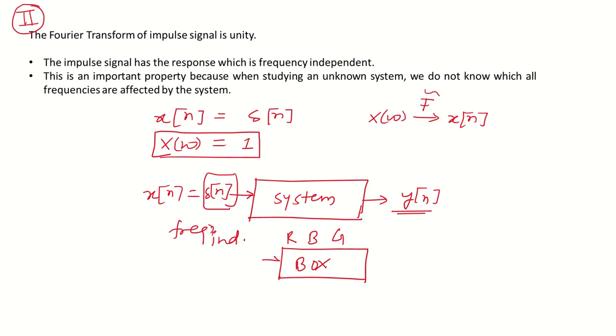We can give any input to this box, and we can observe the output of this input, and by observation of this output we can know what exact color is inside this box. So what, according to you, should be the input of this box? It should be any transparent color.